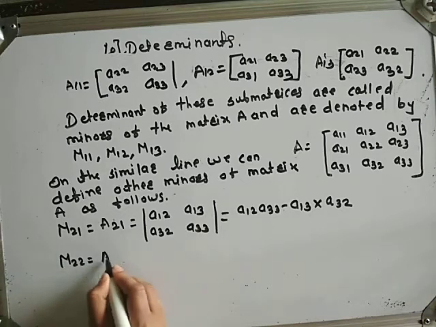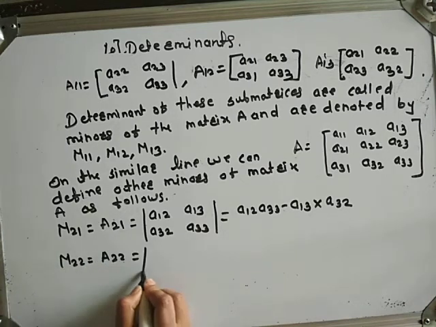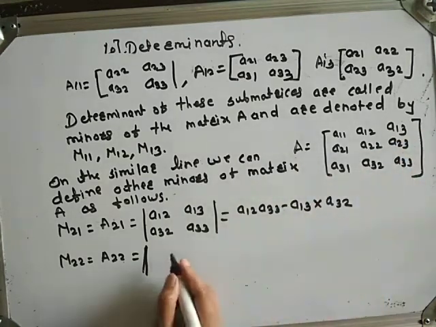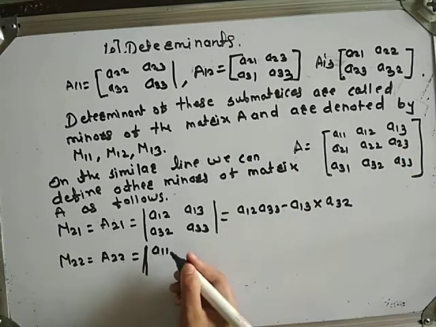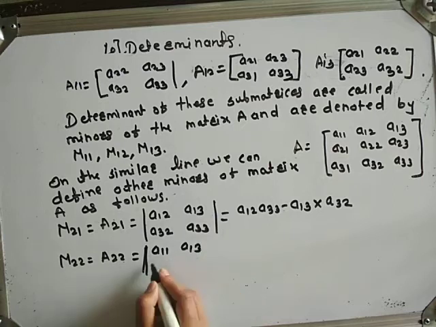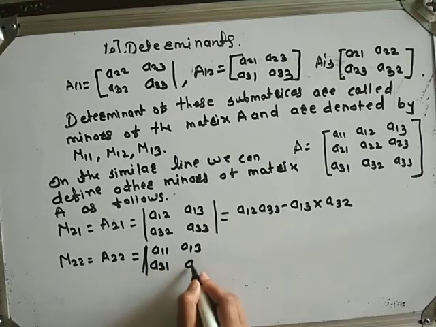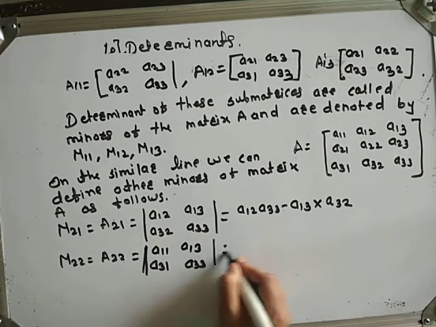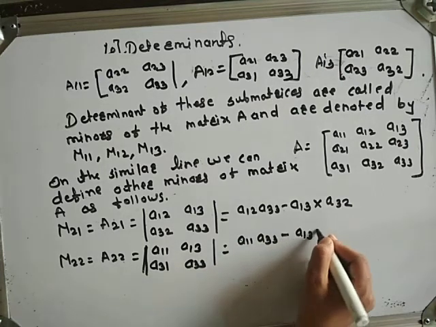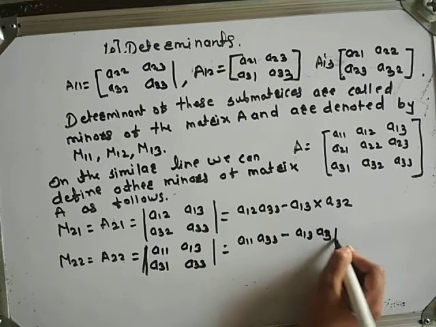M22 is nothing but the determinant of A22. Delete the second column and second row. So the determinant of A11, A13, A31, A33 is equal to A11 into A33 minus A13 into A31.